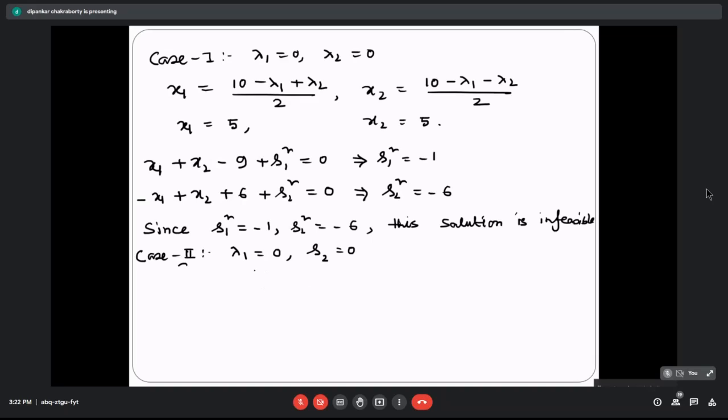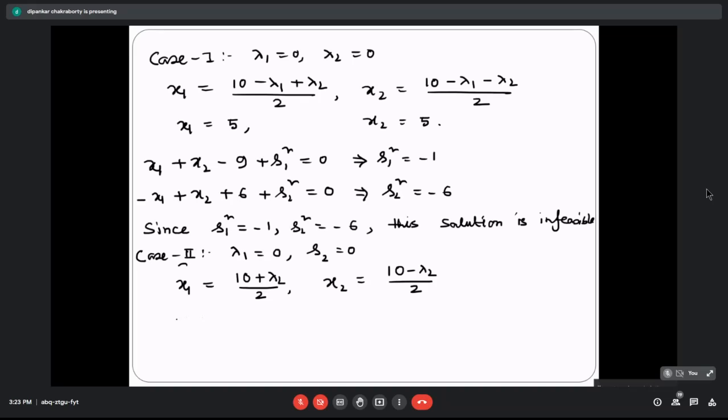So lambda 1 equal to 0, if you assume, then what is going to be x1? x1 is going to be (10 plus lambda 2) divided by 2, and x2 will be (10 minus lambda 2) divided by 2. Now s2 equal to 0 means I can replace it into the second equation and find the value of lambda 2.